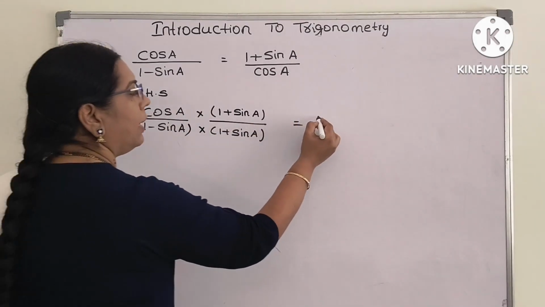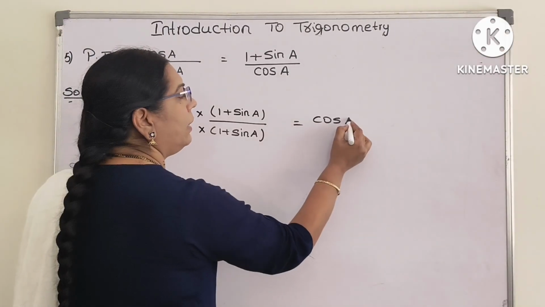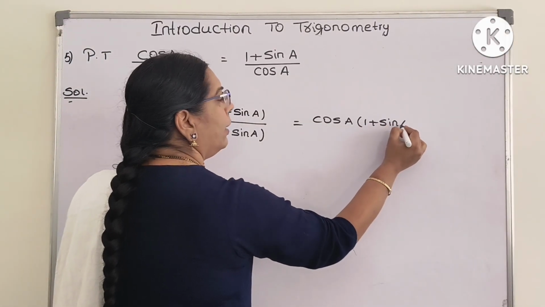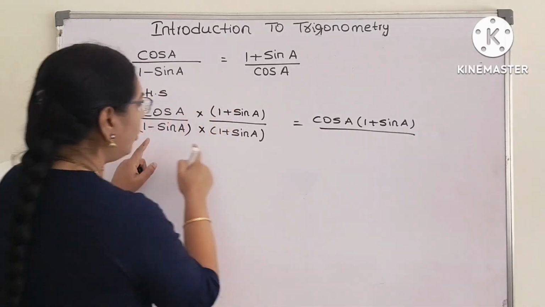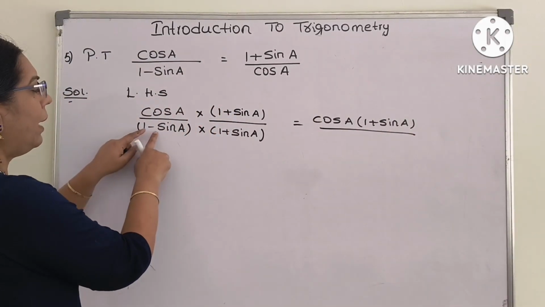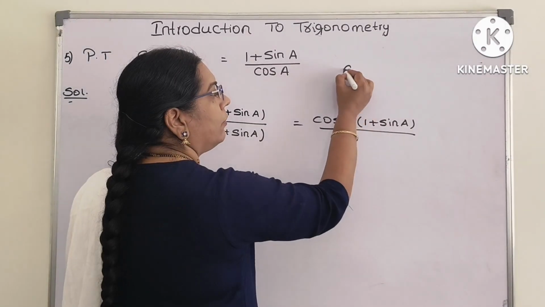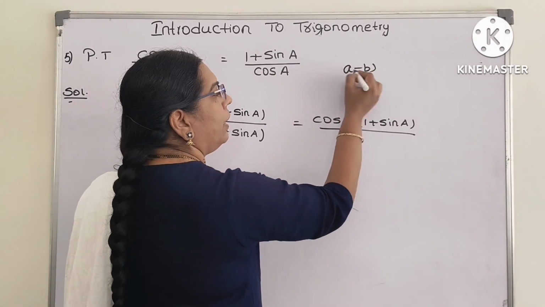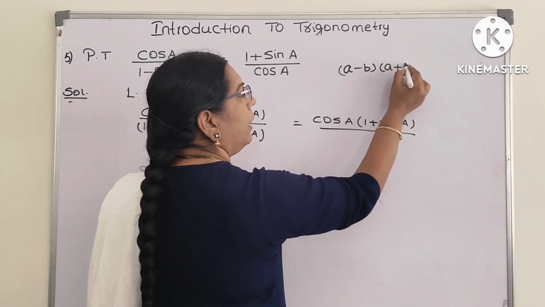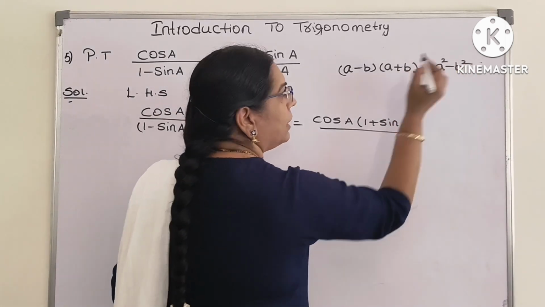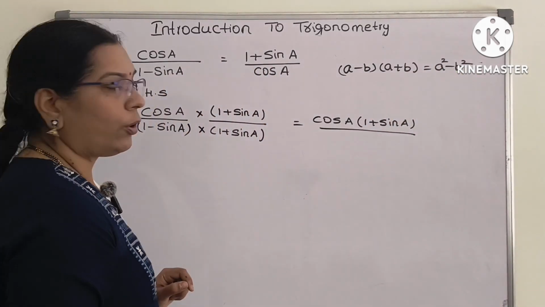So the numerator can be written as cos A into 1 plus sin A divided with, now the denominator is of the form A minus B into A plus B. So A minus B into A plus B can be written as A square minus B square. Now we may use the formula.